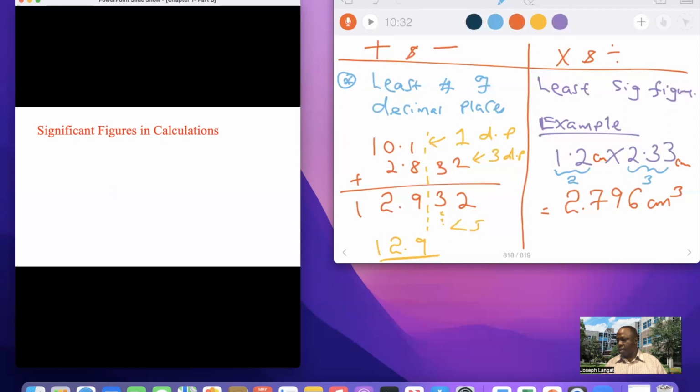Our final answer should have 2 significant figures, starting from here, 1, 2. This right here is greater than 5, so we increase the preceding and make this 2.8, and please include the units, centimeter square, not cubic, centimeter square.